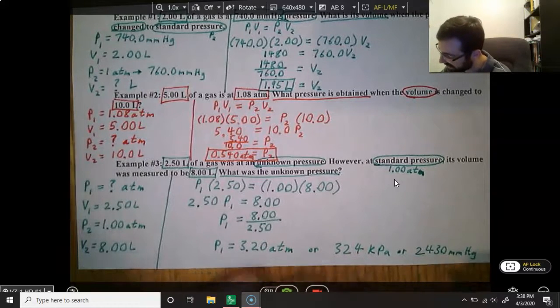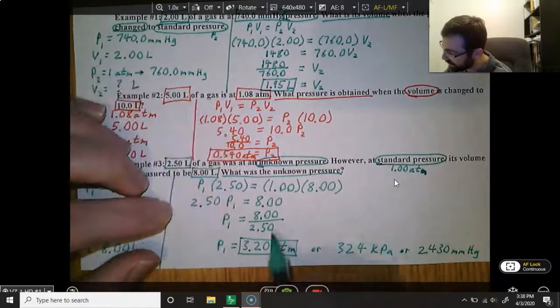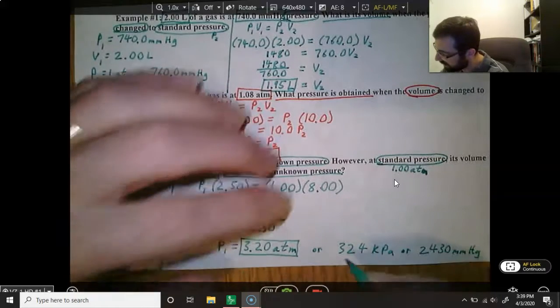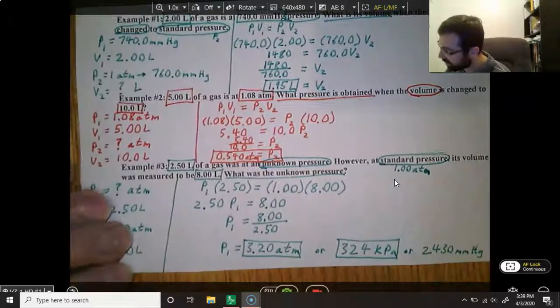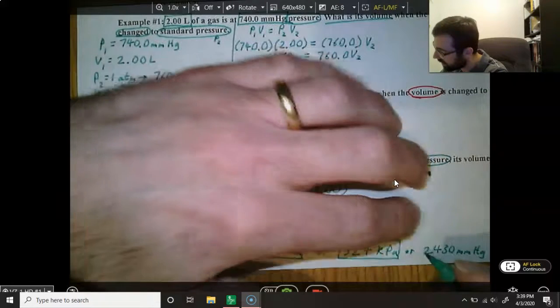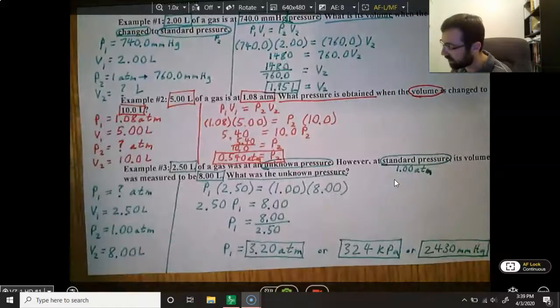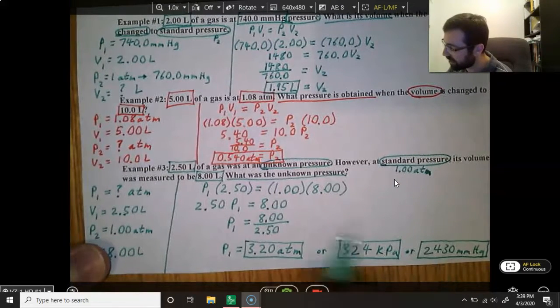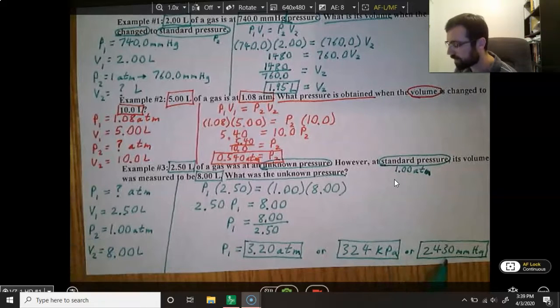So those are your 3 answers. If you solved it like we did here in atmospheres, that's your answer. If you chose to use kilopascals, that number would be 101.3, and this would be your final answer. And if you wanted to use millimeters of mercury, this would be 760.0, and this would be your final answer. This is, of course, rounding to 3 sig figs in each case.